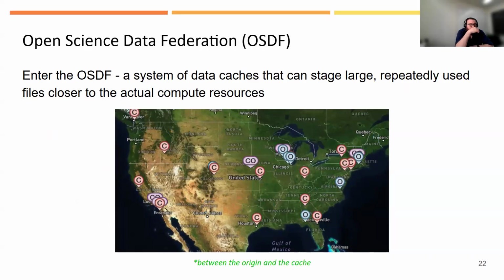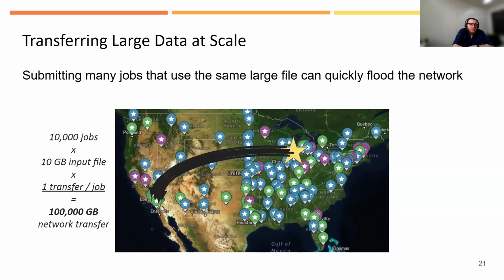Okay. What if now all of these jobs running out in San Diego are using the same 10 gigabyte file that I had started out with here in Madison or Chicago, and it's not changed for each job. Each job needs it. So what if I could reuse a copy of that file locally?